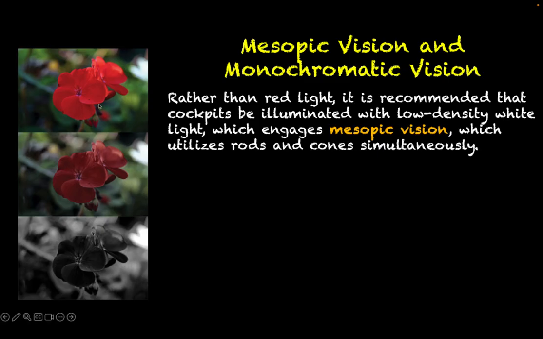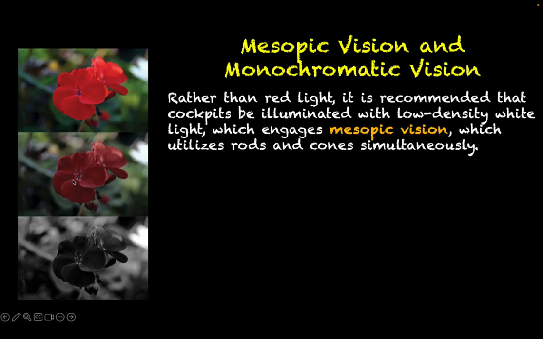If you look at the picture over here, and you look at this flower, which is obviously very red, this top image is what you would see with photopic vision. The bottom image is what you would see with scotopic vision. Obviously, all the color detail is gone.